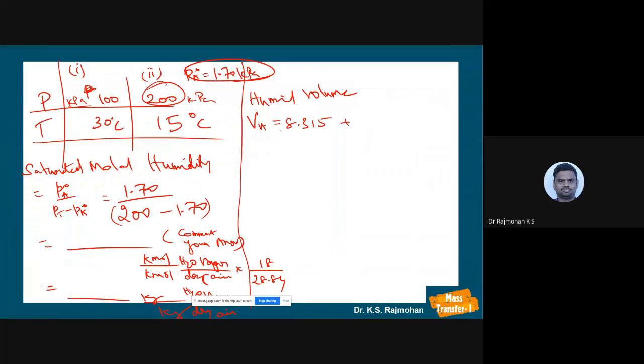So humid volume is 8.314 divided by total pressure, into the dry bulb temperature plus 273, into the absolute humidity. That's why we converted here. So whatever the absolute humidity is, what we got is HS. So we get the absolute humidity H, by 18 plus 1 by 28.84.